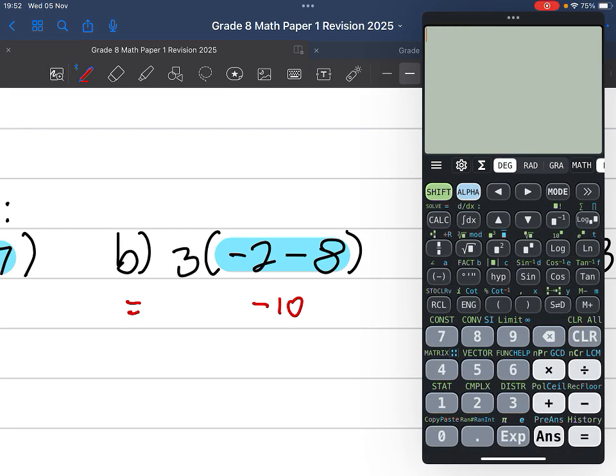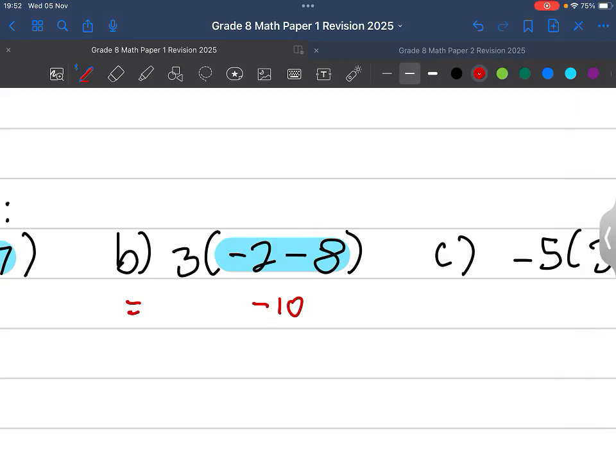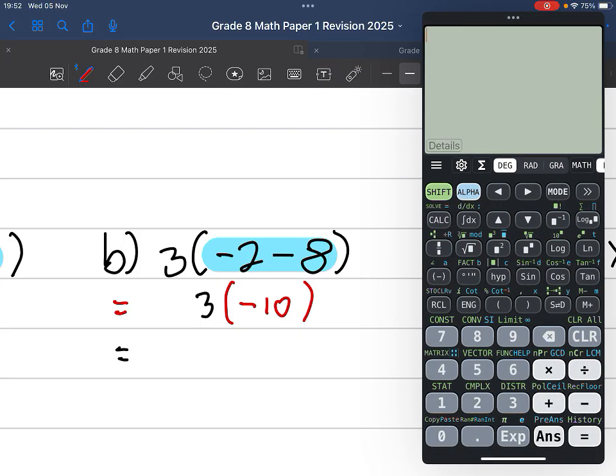If you're confused, you may work with your calculator to see it's giving you that answer. And that's going to be in that same bracket, and here we had a 3 outside the bracket. What do we do next? 3 times negative 10, which gives you negative 30.